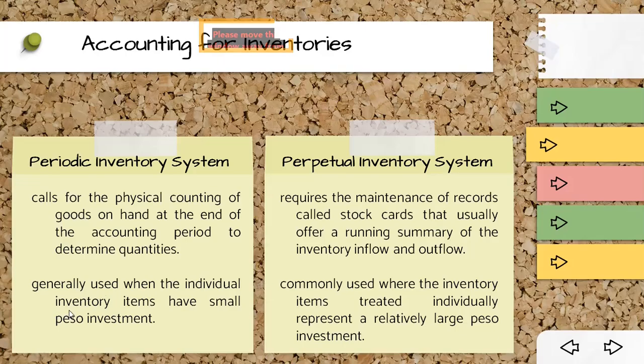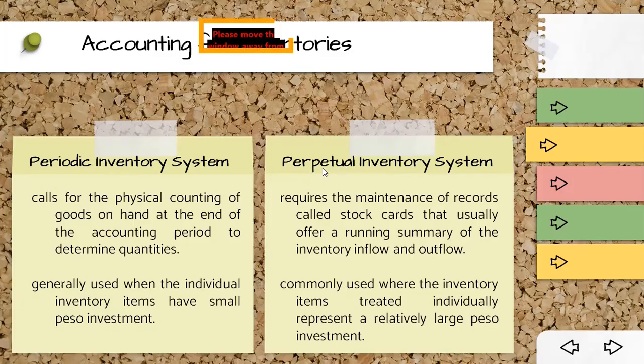Like for example, yung mga hardware, or say for example, mga sari-sari store, mga department store. Marami silang items pero of small peso value. So, mas bagay sa kanila ang periodic inventory system.